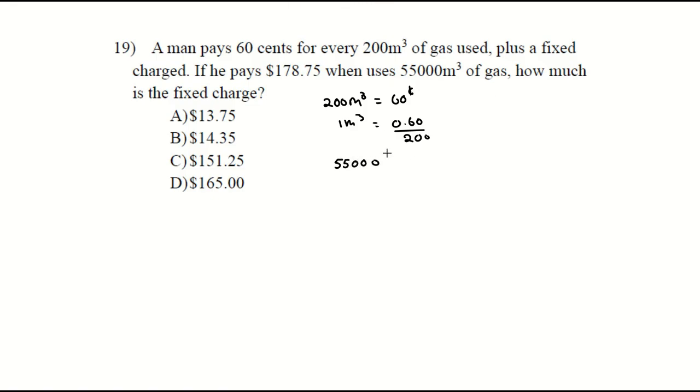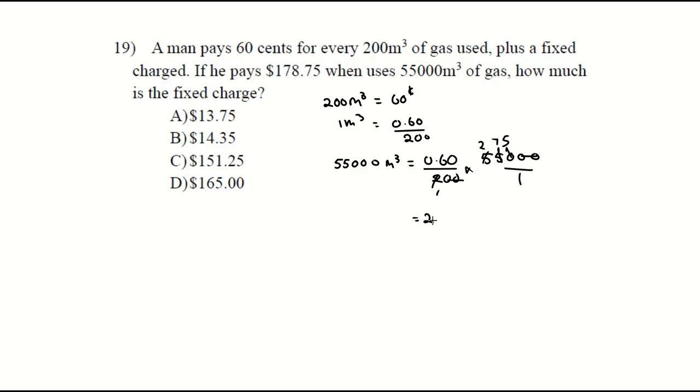So 55,000 meters cube would be 0.60 over 200 multiplied by 55,000 over 1. Cross out this, 2 into 2, 1, 2 into 5, 2 remainder 1, 2 into 15, 7, remainder 1, 2 into 10 is 5.